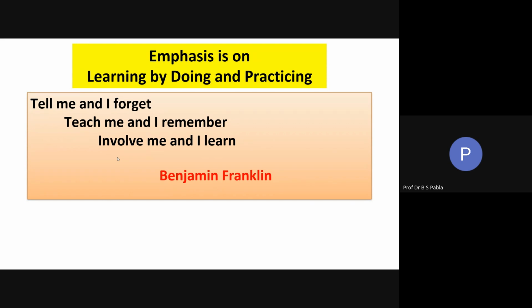But by doing, by involving in the process, I learn. The focus is on learning, not on remembering and repeating, not on forgetting. The focus is on learning and being able to do it, or learning how to do it.